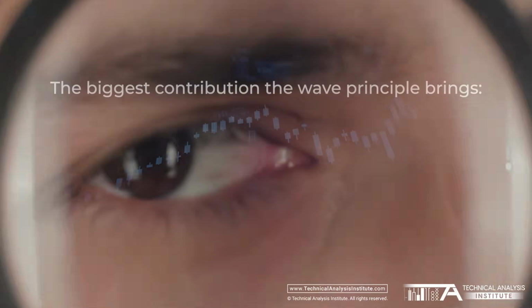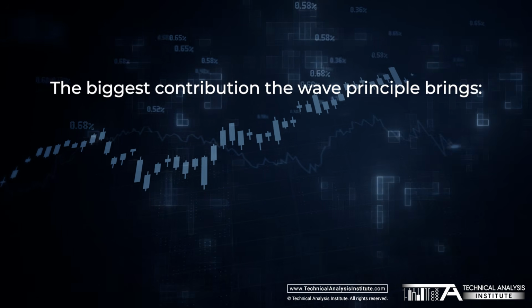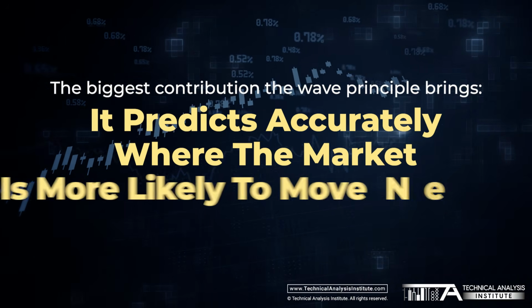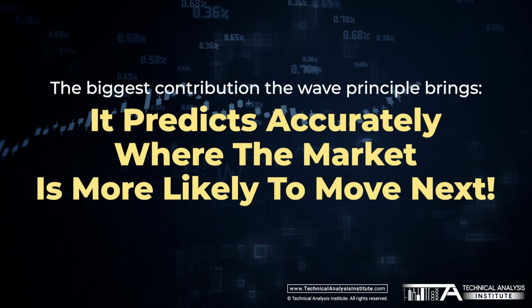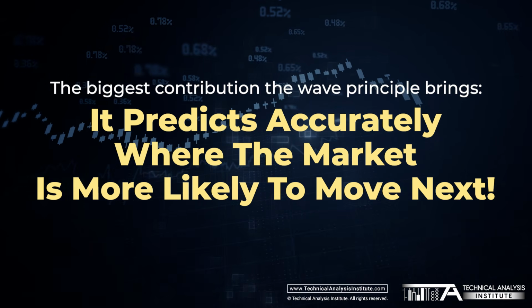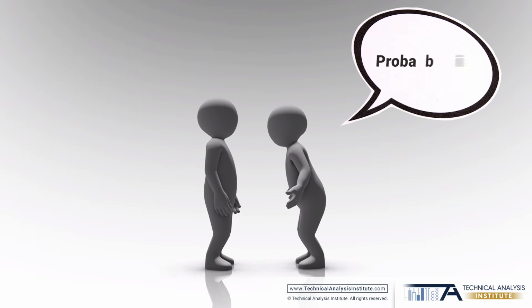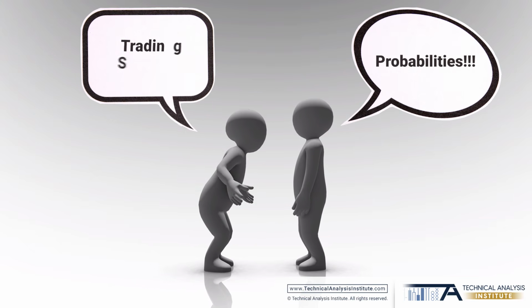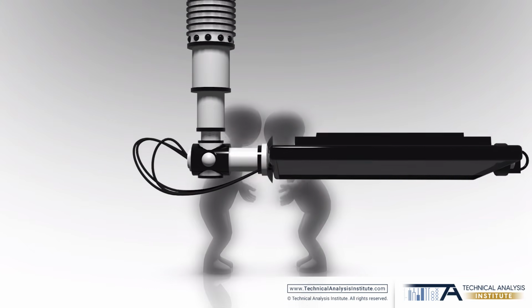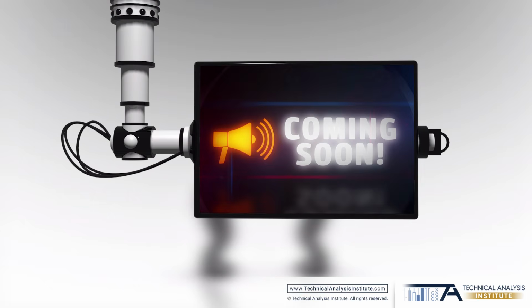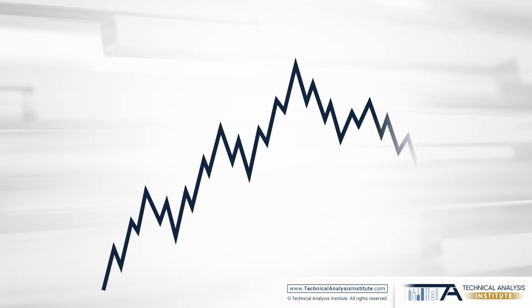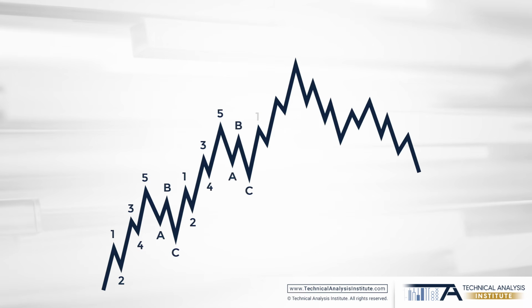Beyond that, the biggest contribution that the wave principle brings is that of predicting accurately where the market is more likely to move next. And I know that many viewers will start arguing it is impossible to forecast the market, and the only thing that matters in trading is probabilities or trading strategies. Well, that will be the subject of a different video. For now, let's go back to understanding the basics of financial market waves.